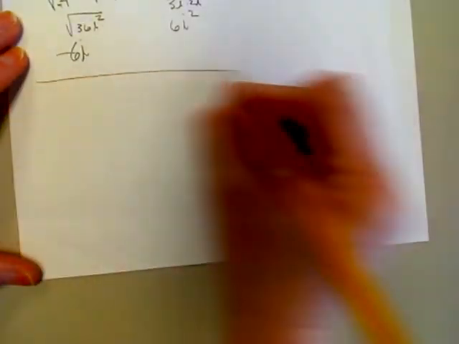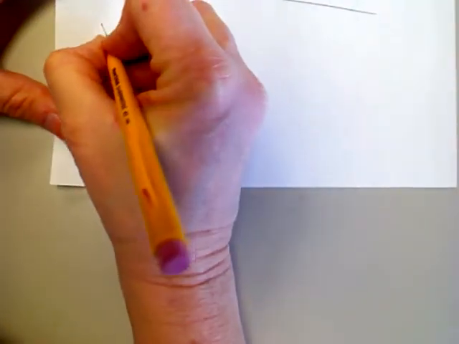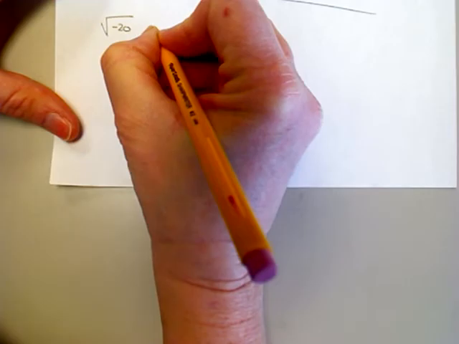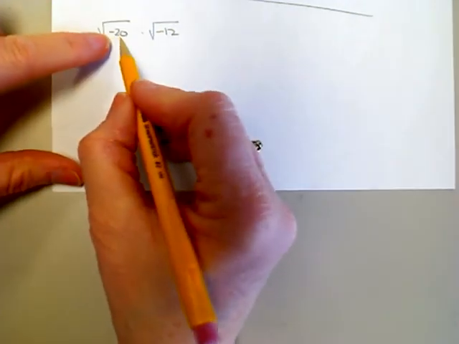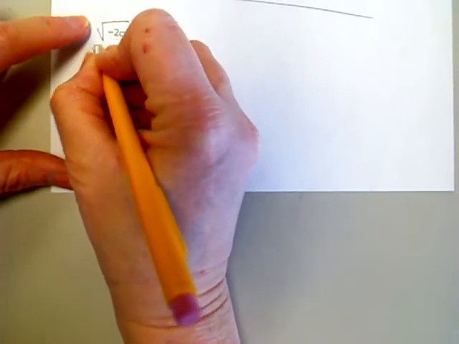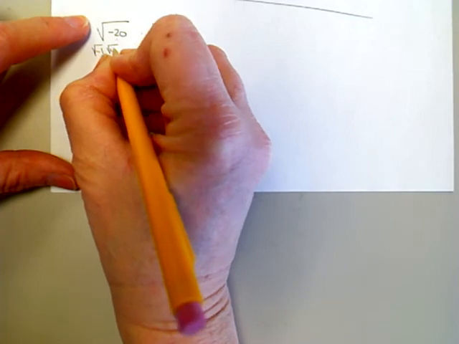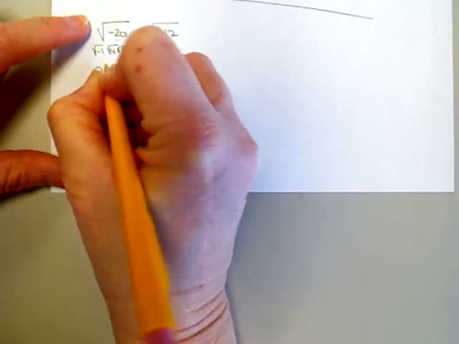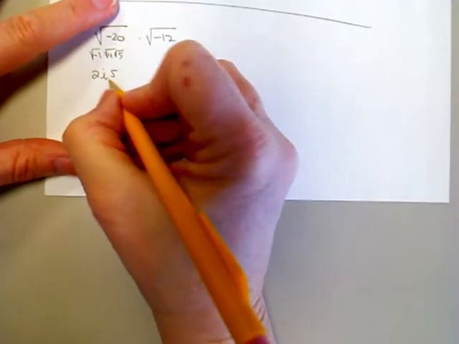You can simplify the radicals first. So let me show you this one. Let's do negative 20 and negative 12. We've been practicing simplifying radicals. We did that yesterday. So I know that this right here simplified is going to be negative 1 times 4 times 5, which is going to give me 2i radical 5.